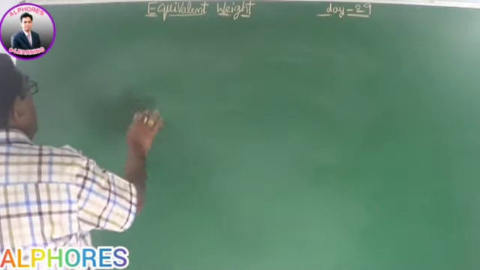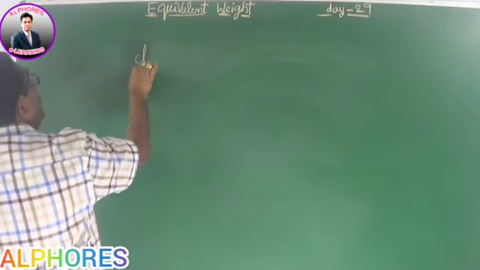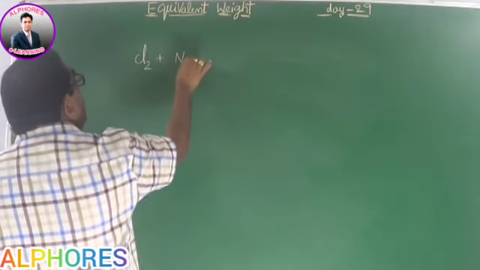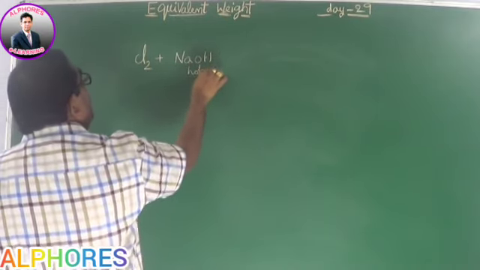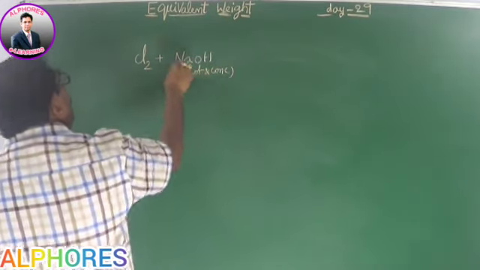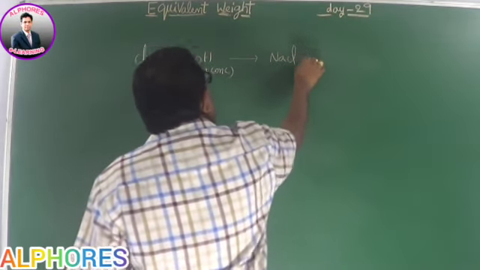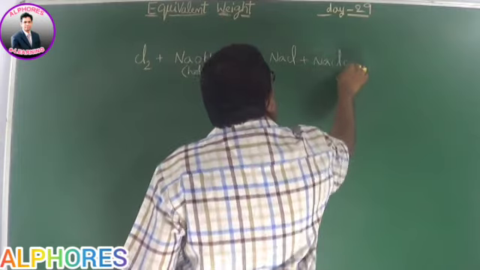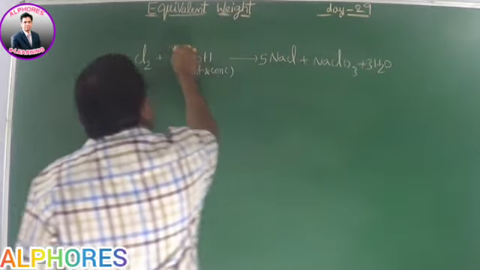Let me give one important example to you. Chlorine, on passing through hot and concentrated sodium hydroxide solution, gives sodium chloride, sodium chlorate and H2O. Let me balance this equation first.